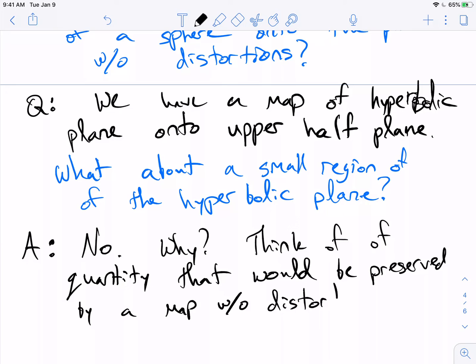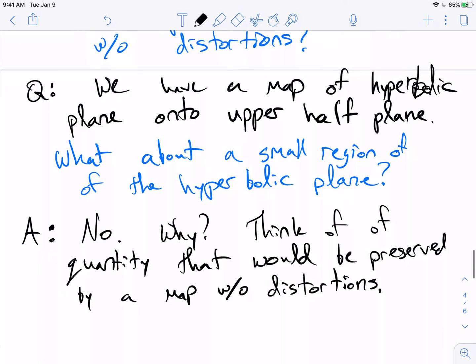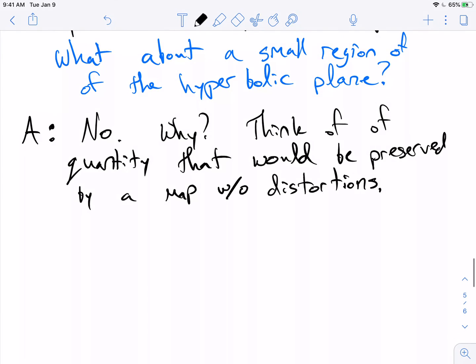So if there was some map that preserved angles and distances, then there should be some quantities that are preserved under that map. Can you think of any quantities that are not the same on the sphere and on the plane, even locally? And use that to argue that there does not exist any map without distortions, because the quantities would have to be the same if such a map existed, but they're not the same.